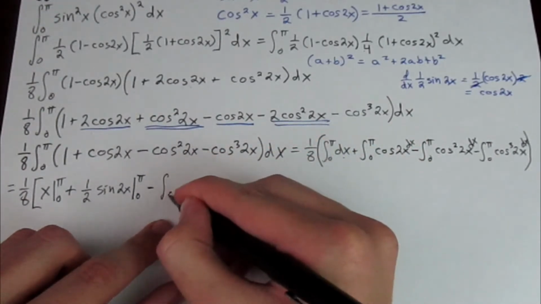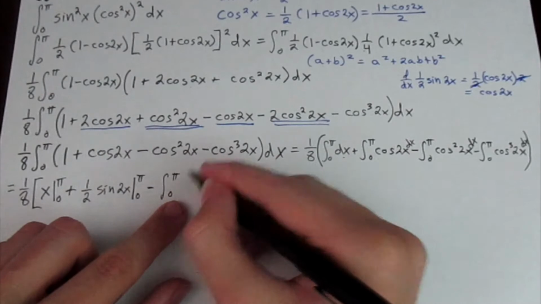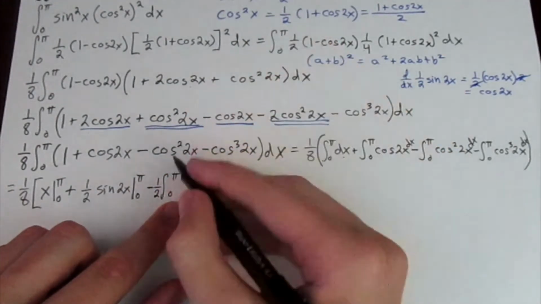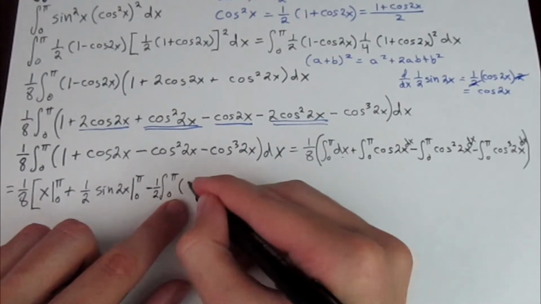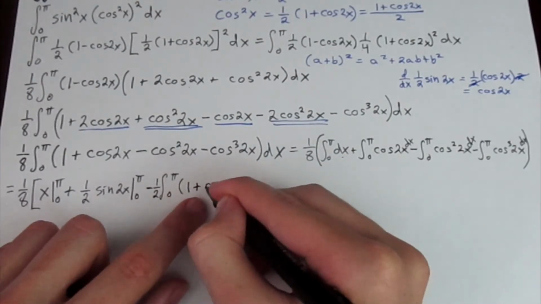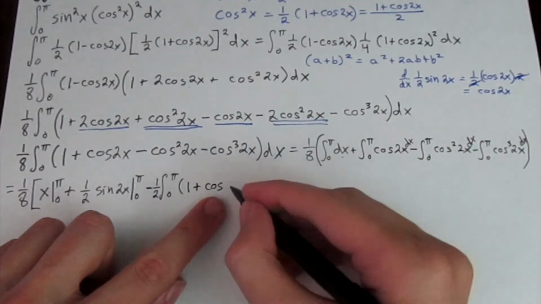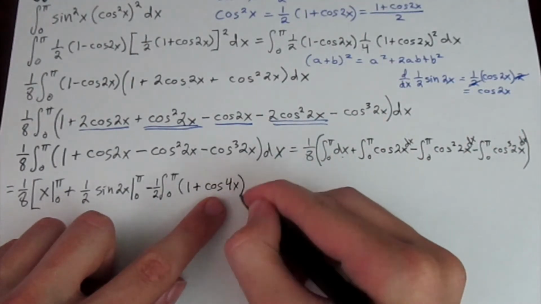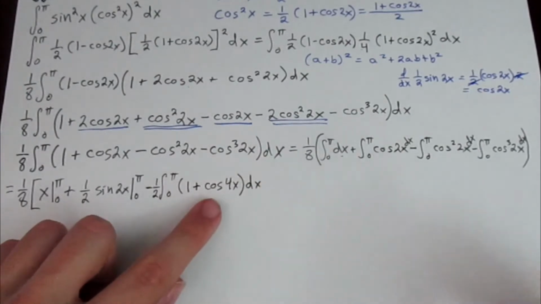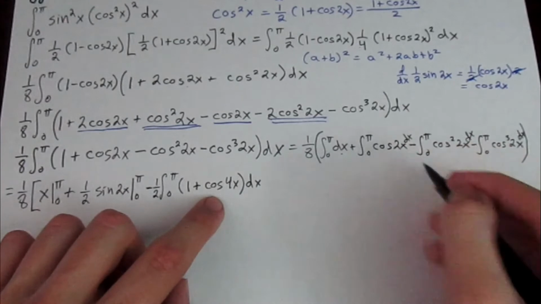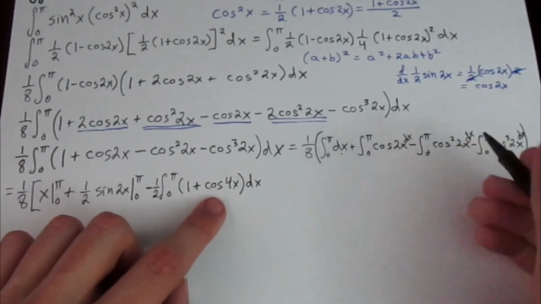It's the integral from 0 to pi times 1/2, I'm just going to put that outside here, times 1 plus cosine 2 times 2 is 4x dx.